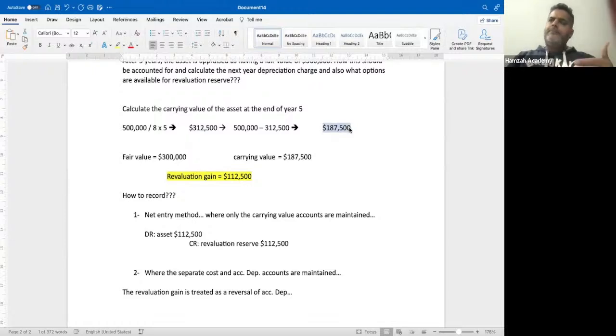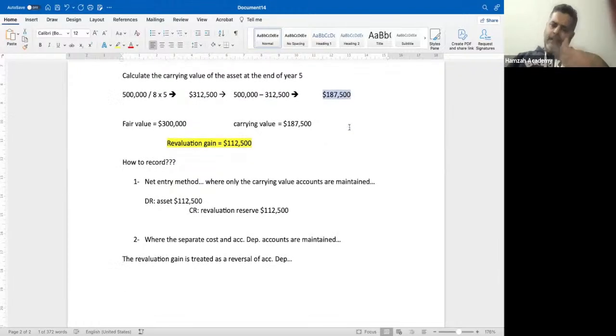But in actual, the asset lost less value than you thought, right? So whatever the higher charge we have made in the name of depreciation, we are reversing it.